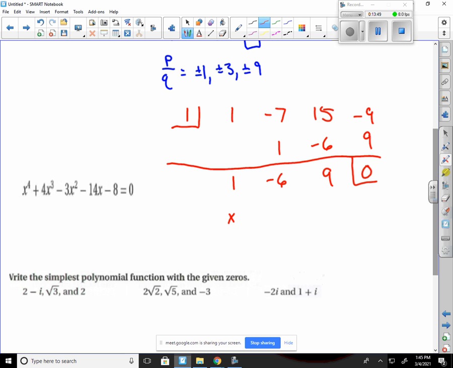So now this is x squared minus 6x plus 9. And you don't even have to write this part out, but 1 is my A, negative 6 is my B, and 9 is my C.